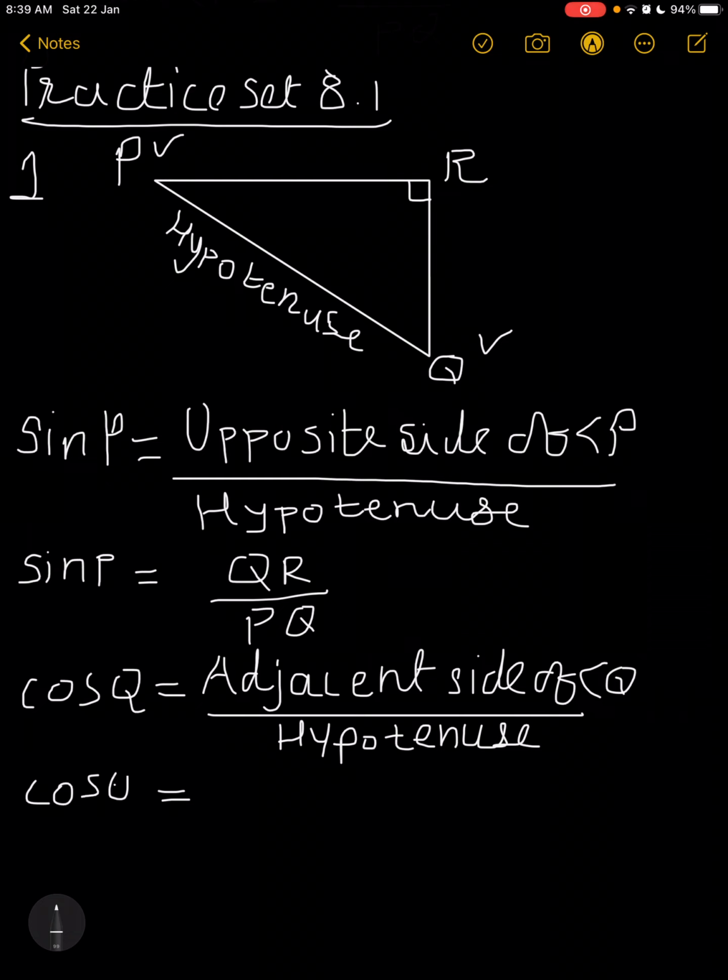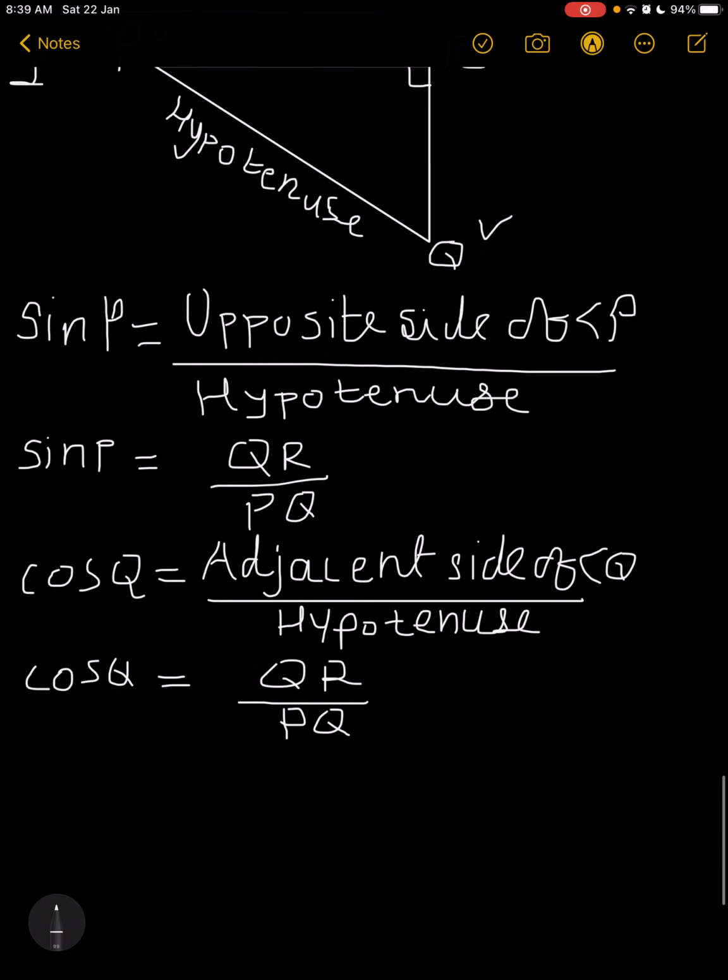Hence cos Q ratio: first you see the opposite of Q is PR, so the adjacent will be QR. For angle Q, the adjacent is QR and the hypotenuse is PQ. I have written hypotenuse in the beginning in the given triangle to avoid confusion of opposite and adjacent side.